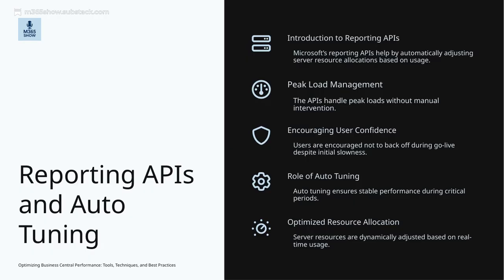This dynamic adjustment ensures resources are allocated efficiently, preventing over- or under-provisioning. In essence, these tools and practices work together to optimize resource allocation, ensuring Business Central runs smoothly, even during demanding periods, all while building user confidence and supporting a successful deployment.